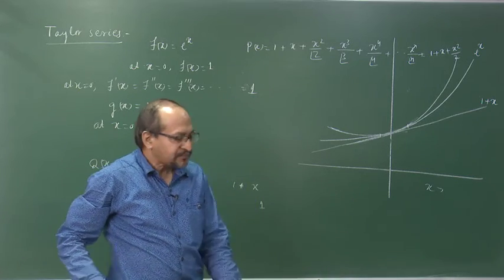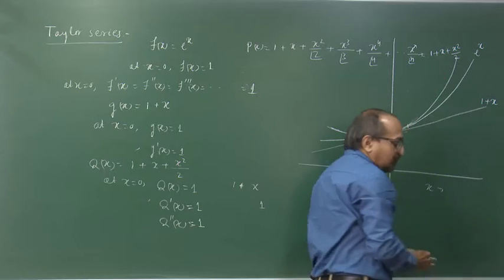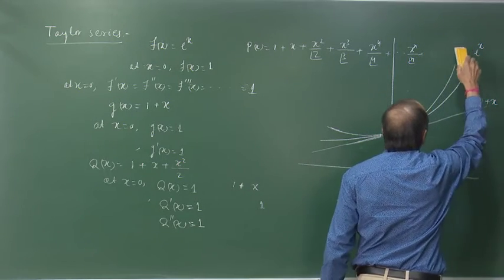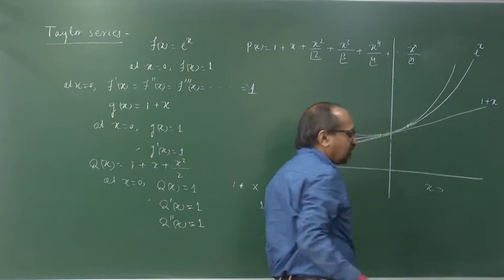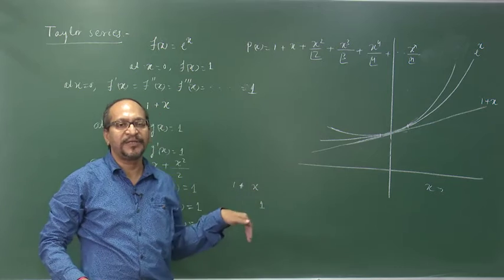Then if we take it up to an nth order polynomial, definitely the curve of this polynomial will be very close to the e to the power x.